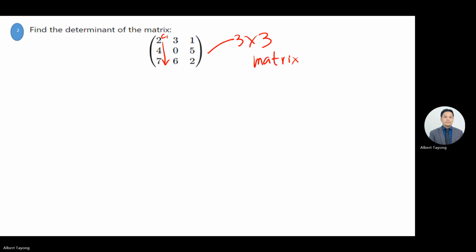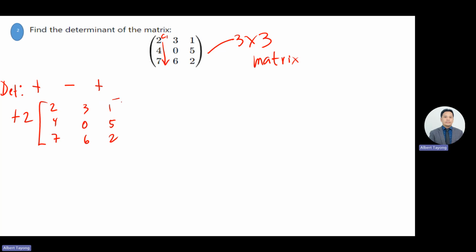Okay, so how are we going to do it? We have plus minus plus. This is how we're going to proceed. It means the first element in column 1 will be positive. So this is positive 2. We copy our matrix. We have 2, 4, 7, and then we have 3, 0, 6, 1, 5, and 2.